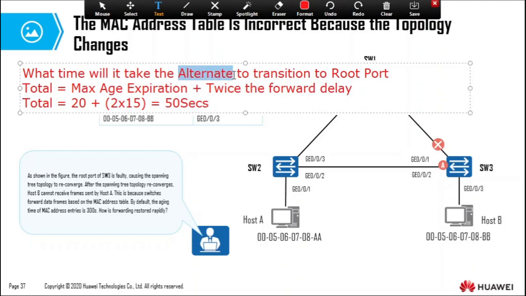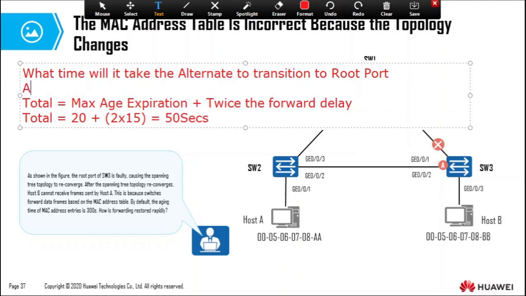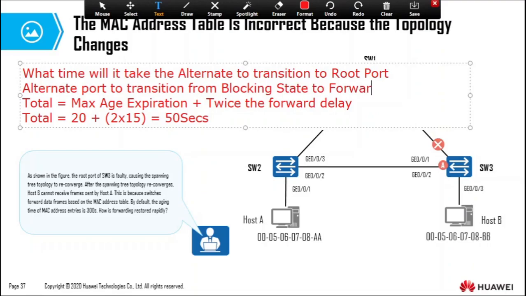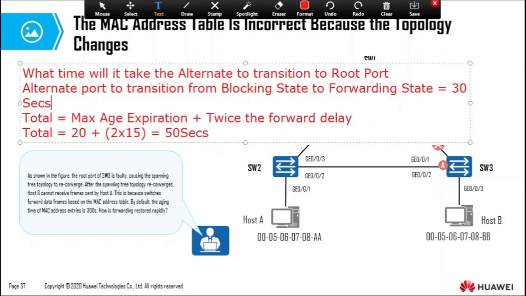It can be ambiguous, unless they've specified, for example, how long will it take for the alternate port to transition from blocking state to forwarding state. So this indeed will be clear. 30 seconds. Yes. You have a question?